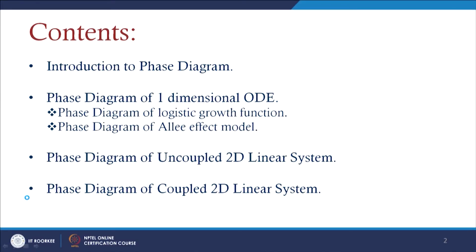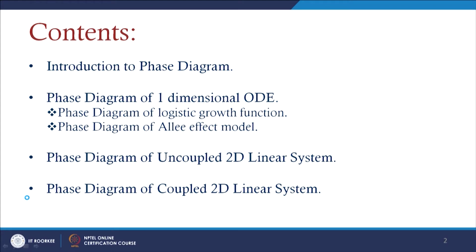In the present lecture we will discuss the phase diagram. First we will discuss what a phase diagram is, then the different classes of phase diagrams. This means that in a one dimensional ordinary differential equation we will see how to do the phase diagram analysis.